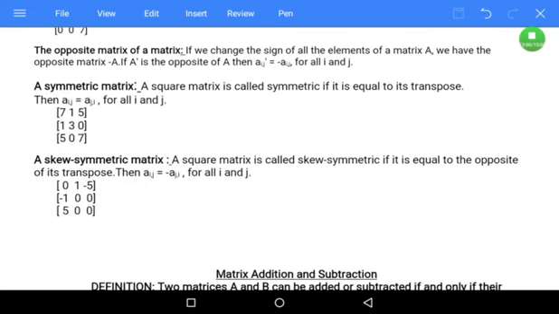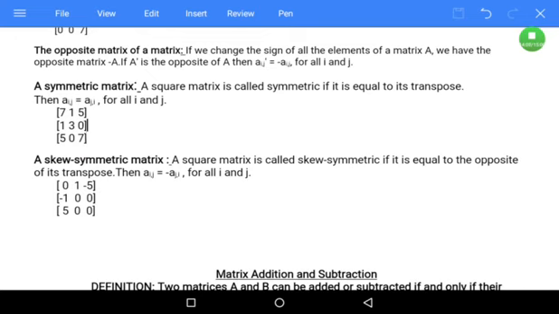We have what they call a symmetric matrix. A square matrix is called symmetric if it is equal to its transpose. For instance, when you transpose this matrix now, you will get the same thing. If you transpose this, we have 7, 1, 5 for the column. Can you see 1, 3, 0 and 5, 0, 7, which is what is here as well? If you check, we have 7, 1, 5. 1, 3, 0, you have 1, 3, 0. We have 5, 0, 7.